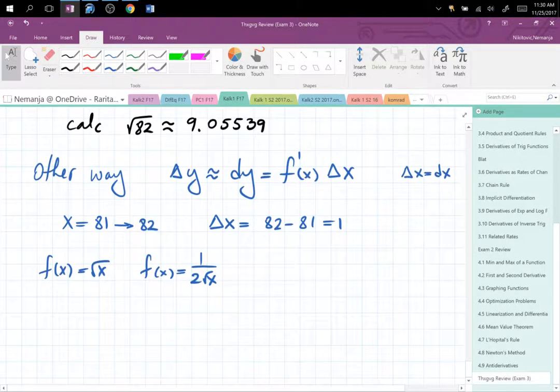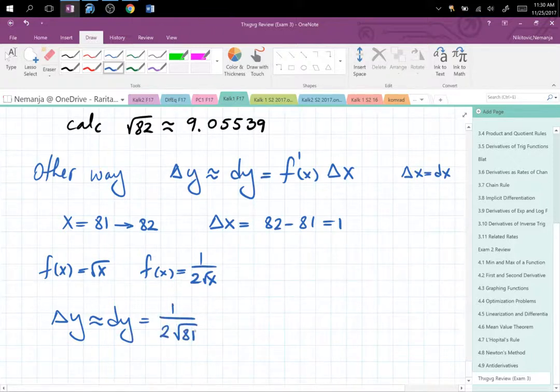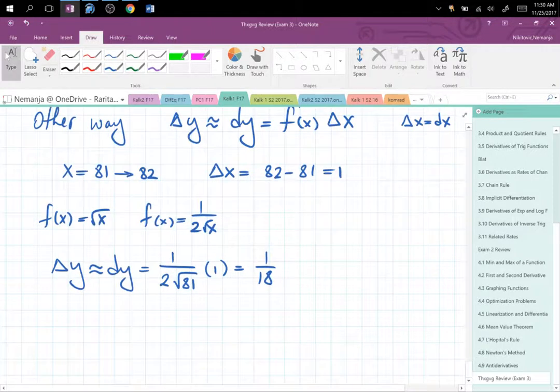So now, the change in y is approximated by dy, which is equal to 1 over 2 square root of 81 times 1. And that's that good old 1 over 18 we've seen before.